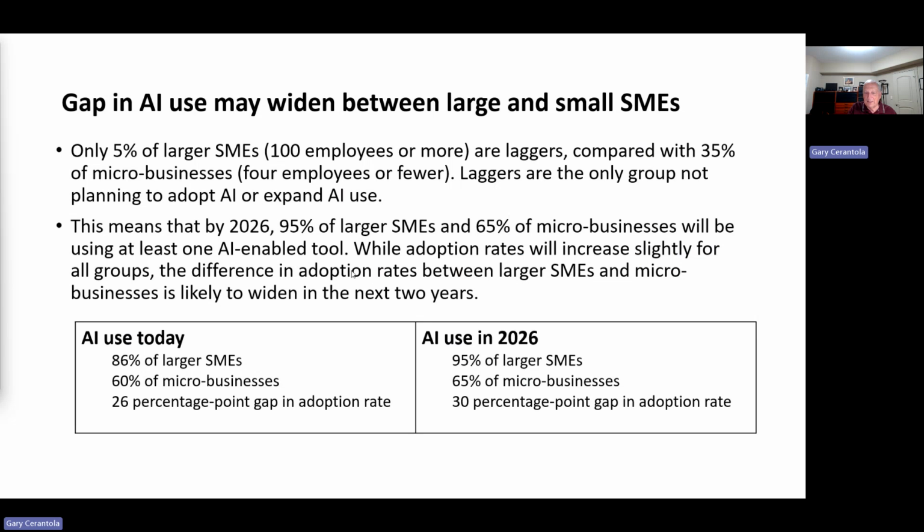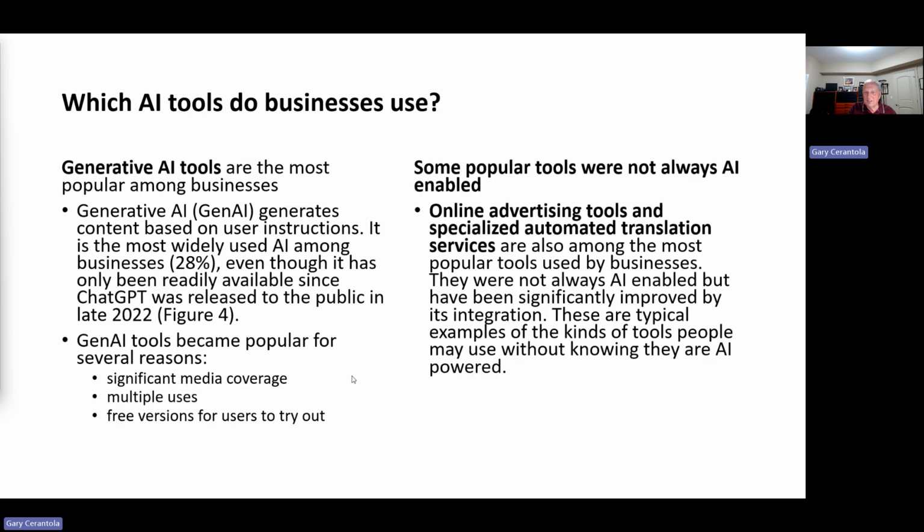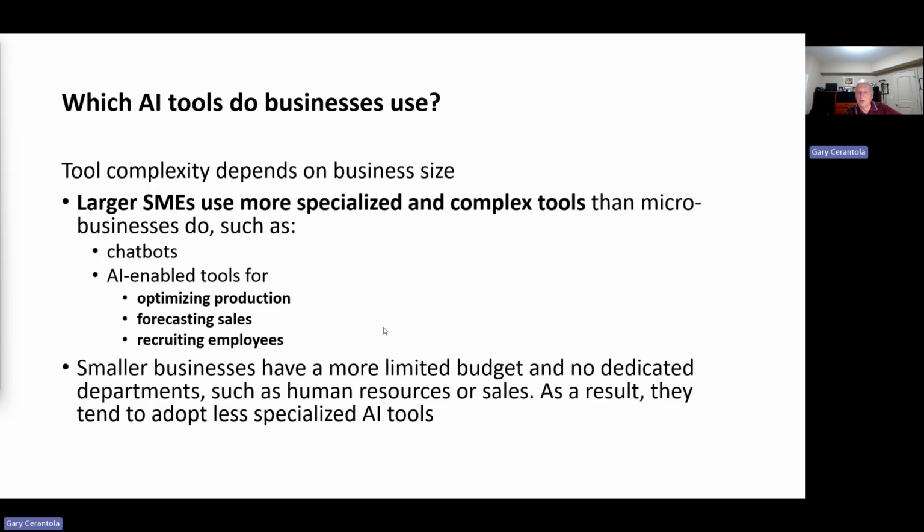And take a look at this. In use today, 86% of larger SMEs, I think this is 2024 data. In just 2 years, look at the increases in what's going on in terms of adoption rates. So the pieces here are just incredible.